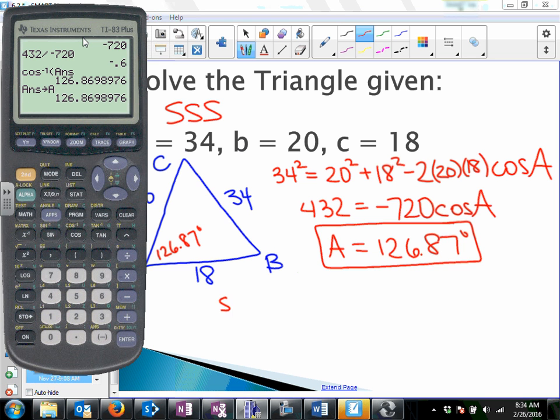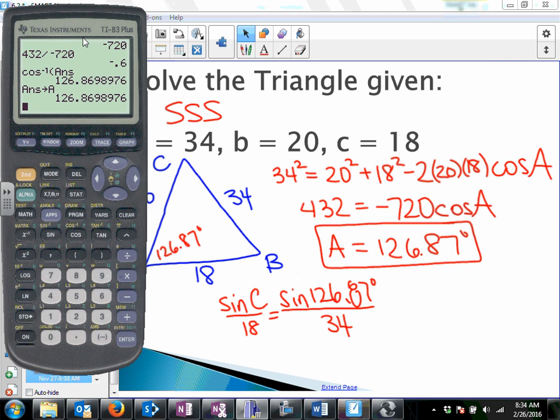Sure. So the sine of C over 18 equals the sine of 126.87 over 34. Okay. So what we have on the right side is the sine of angle A divided by 34.